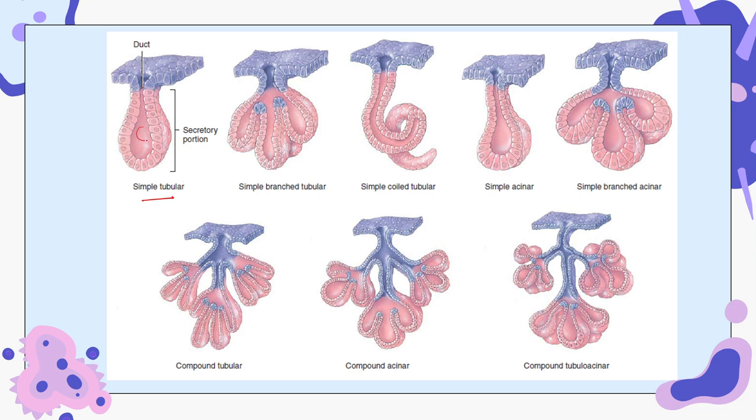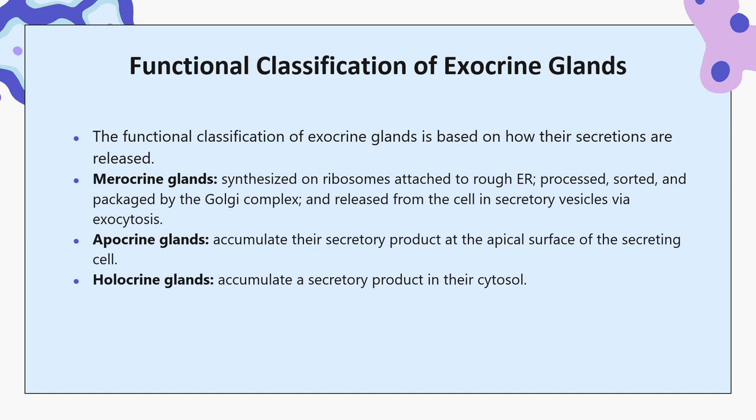In the duct the secretion will enter and then come into the secretory portion. Okay, so then simple branched tubular, simple coiled tubular, simple acinar, simple branched acinar, then compound, that means they are branched, compound acinar, compound tubulo-acinar.